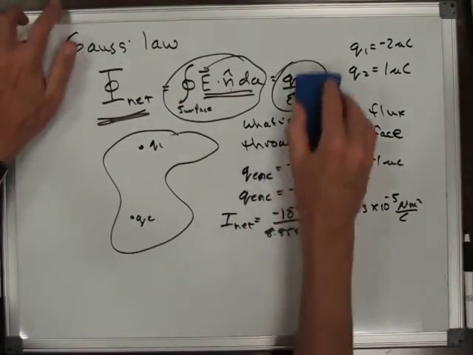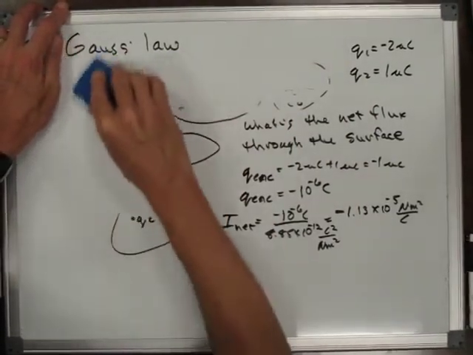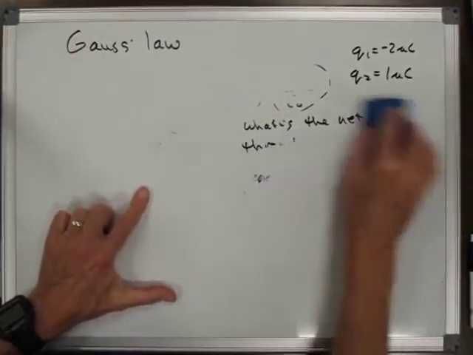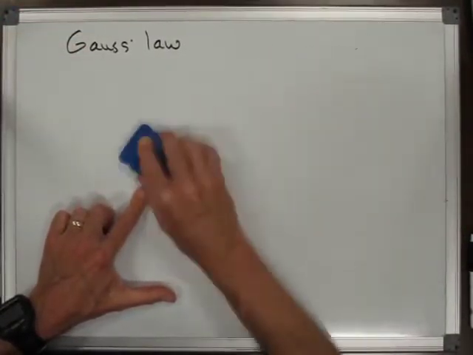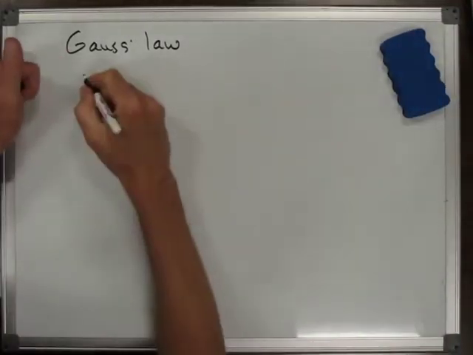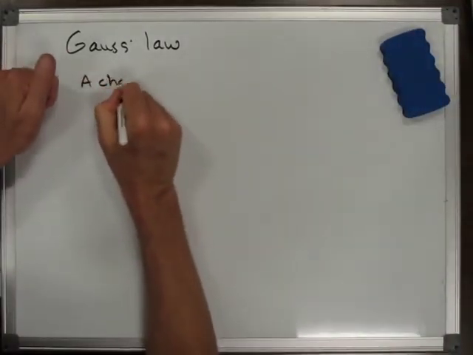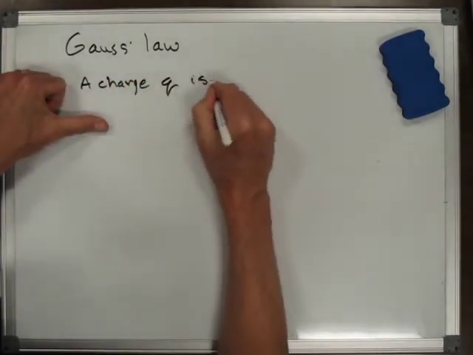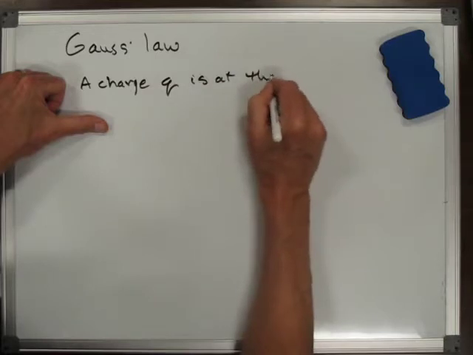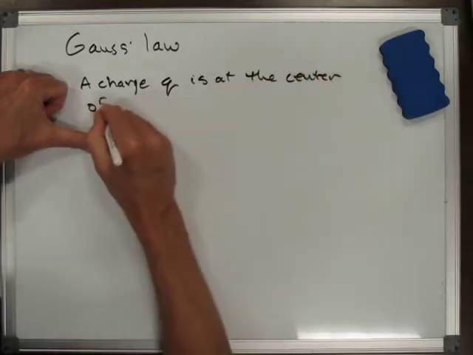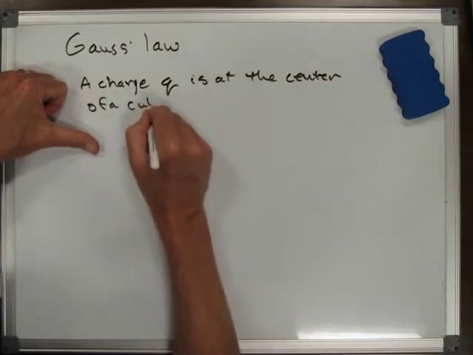And so I can give you a few other things about the flux. We can say, for example, a charge Q is at the center of a cube.